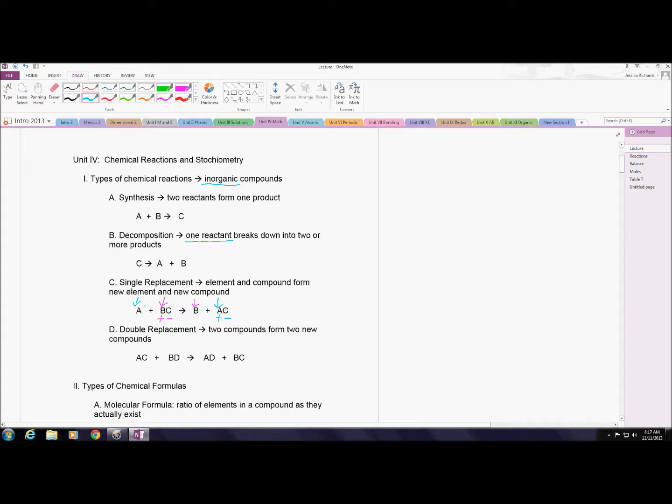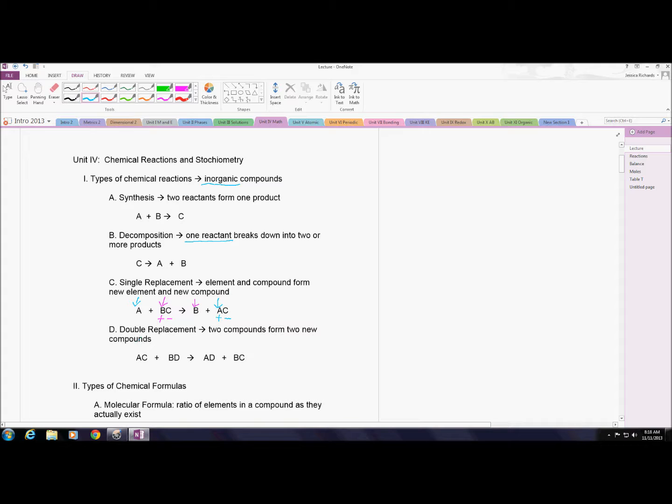When you look at whatever this first element is, you're going to see, can it only make positive ions or could it be positive or negative? If it could be positive or negative, it could replace either element. Usually it's something that makes only a positive ion, typically a metal, and it's going to replace the first element in your compound.